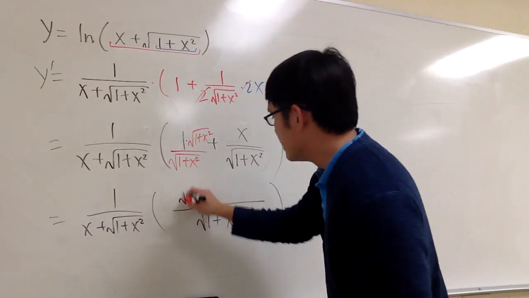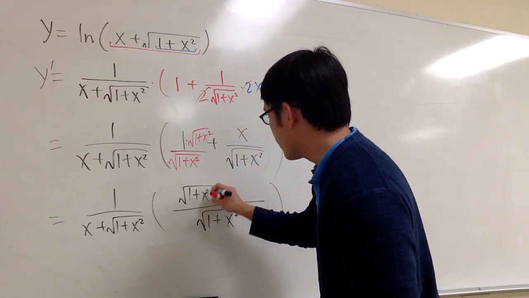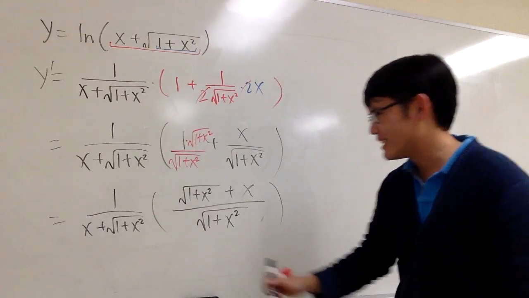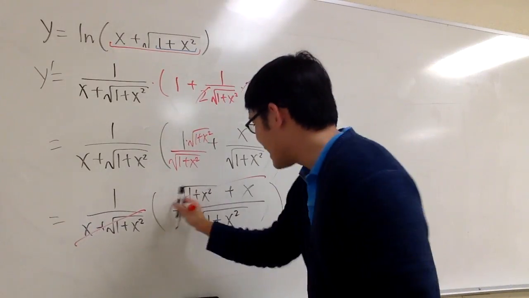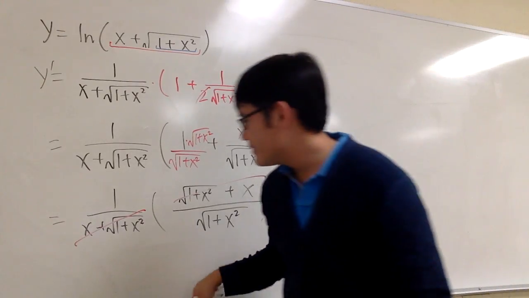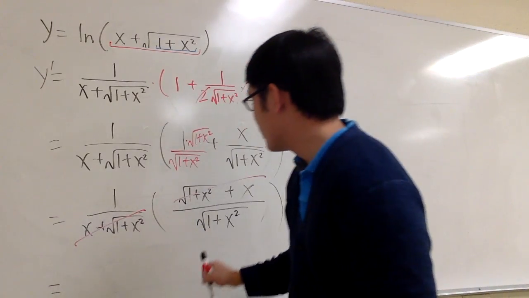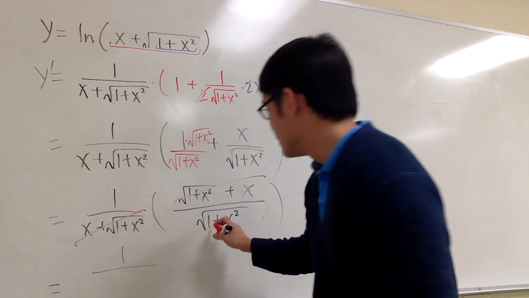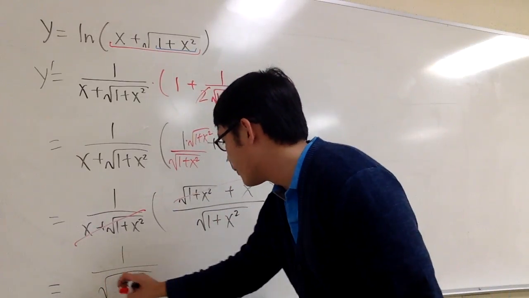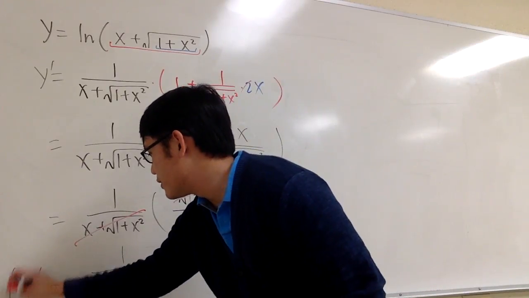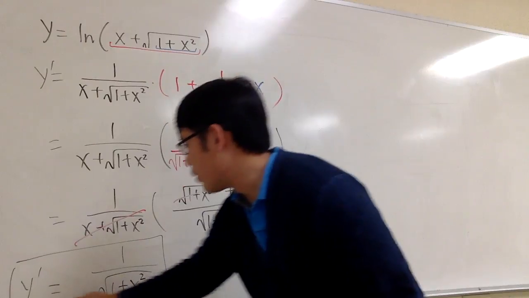On the top, I have square root of 1 plus x squared and then plus x. Guess what? This and that completely cancel with each other. And then we are going to end up with just a 1 on the top over square root of 1 plus x squared. And this right here is the first derivative for this expression.